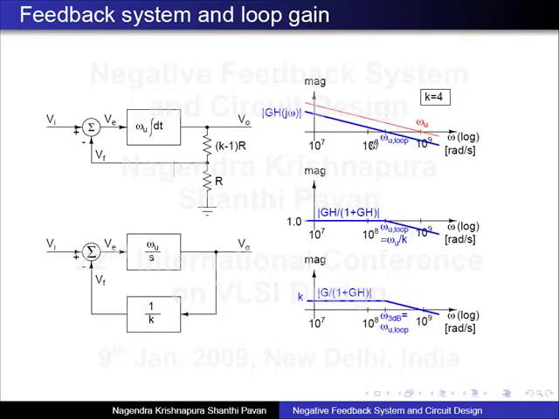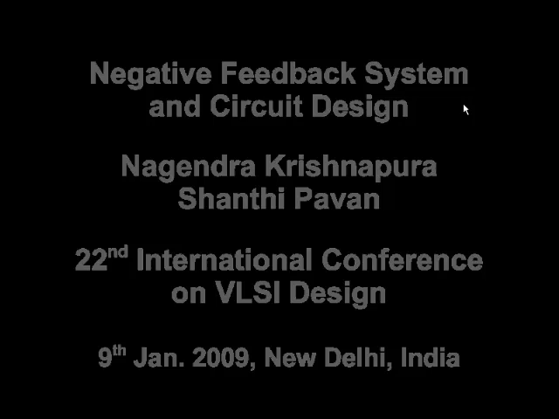And the omega u loop is at omega u divided by 4 because this has a 20 dB per decade roll off. Now this term GH by 1 plus GH will be 1 where the loop gain is large, that is this part of the curve. Below omega u loop it will be 1 approximately. And after omega u loop it will simply follow this curve. Is this clear? This is what I showed earlier.